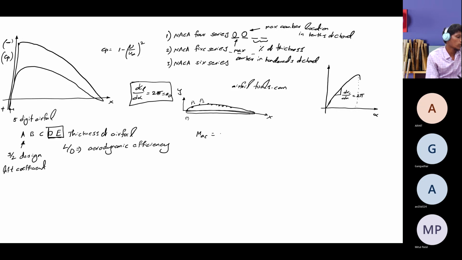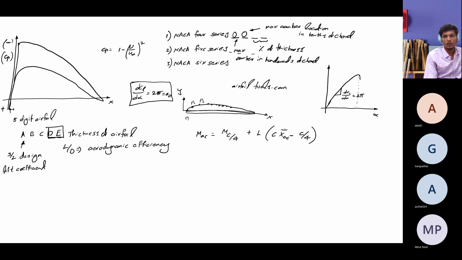If you want to calculate the moment about the aerodynamic center, from the experiments we can get the moment about the quarter chord position, and we also can get the lift, and that is c times XAC, that is the aerodynamic center that we say, and c by 4.